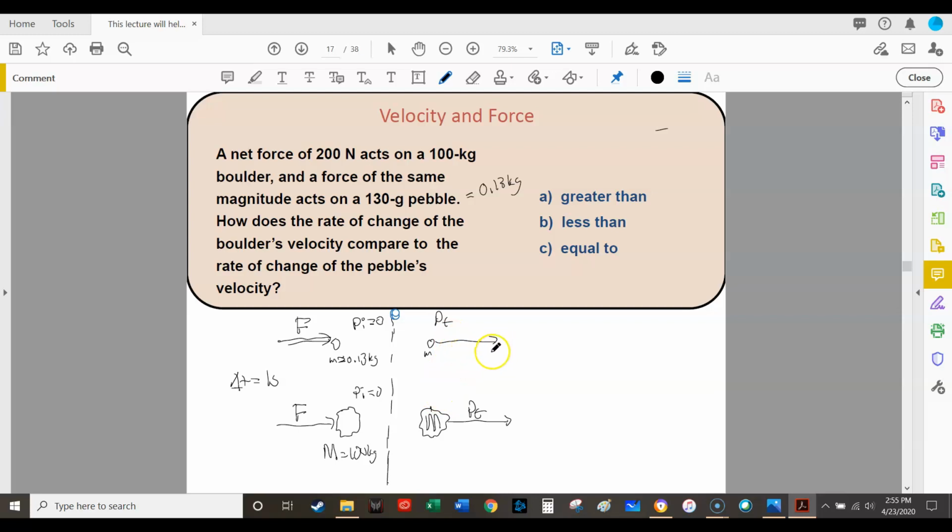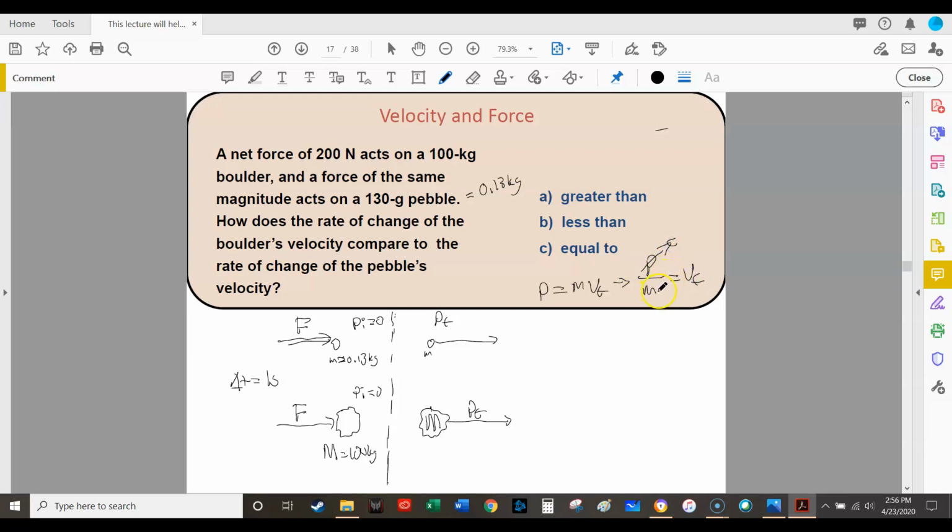If their two momentums are equal after the impact, but this guy's got a small mass, and we know momentum is equal to mass times velocity. The momentum is constant for both cases, so that doesn't matter.